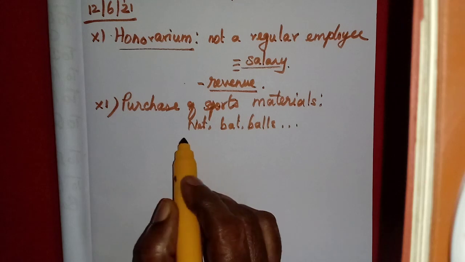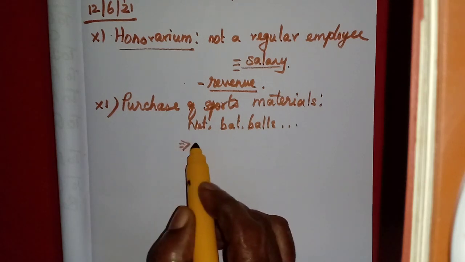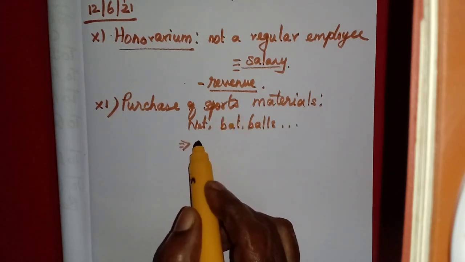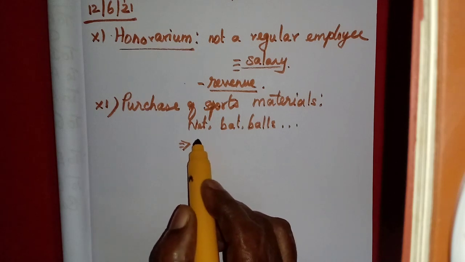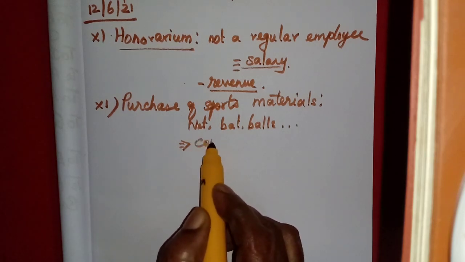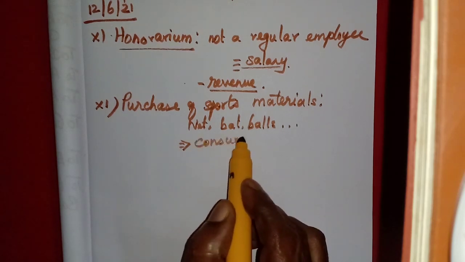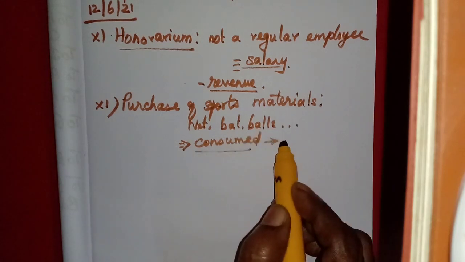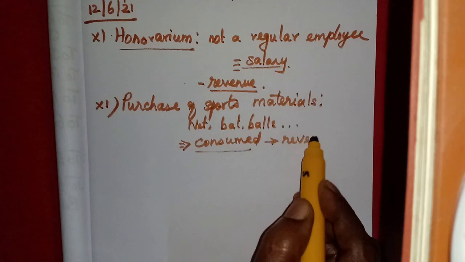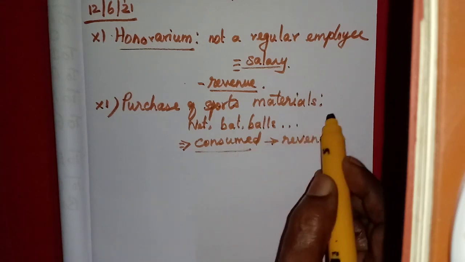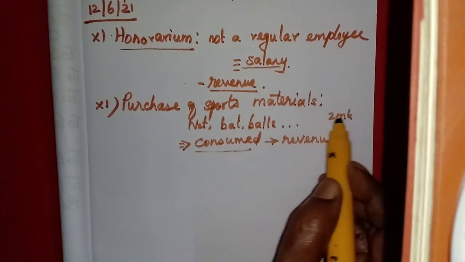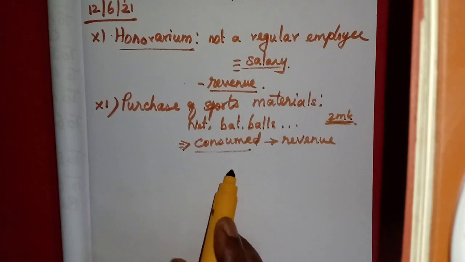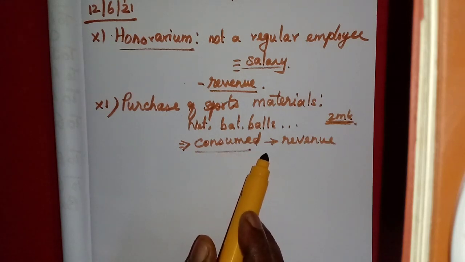Here we have to calculate the amount of materials consumed. Consumption of sports materials only we have to calculate. That is called the revenue nature. This is a 2-mark question we are going to learn in future.